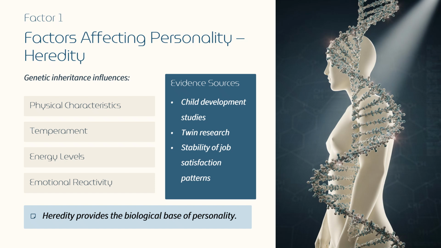If these twins grow up to have similar personalities despite different environments, it suggests a strong genetic component. Third, research shows that job satisfaction tends to remain consistent for individuals even when they change jobs or companies, suggesting that our internal set point for happiness may be partially genetic.